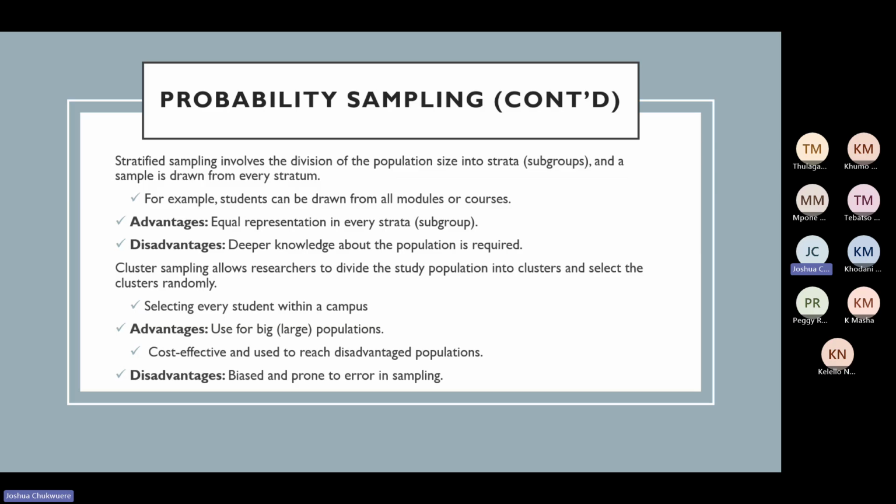Also, it promotes full representation, as well as the disadvantage that it requires deeper knowledge about the population. Because if you are putting them into subgroups, you need to know how to play around with those groups, so that every group has people that possess that knowledge.